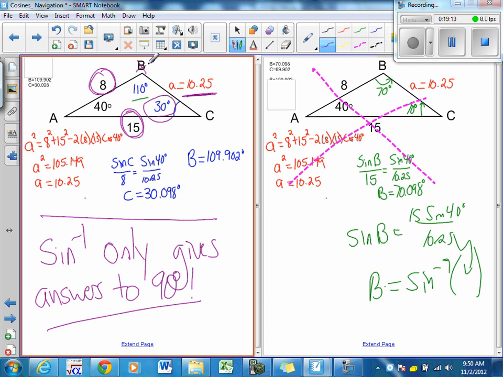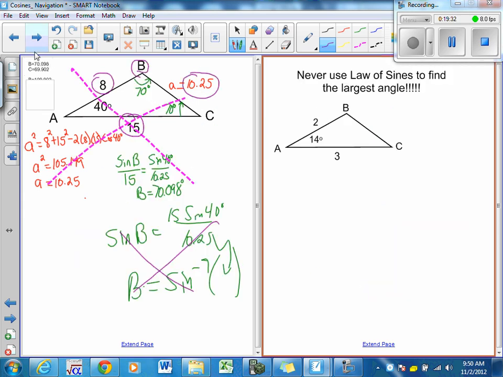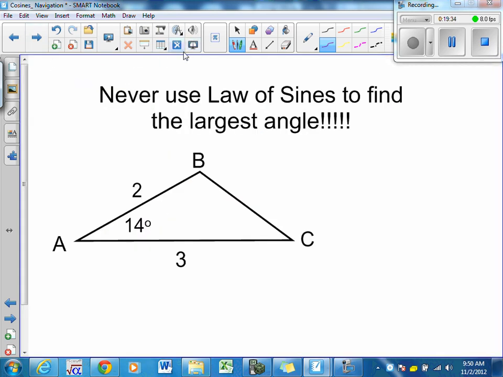I could not find angle B. I had to find angle C first. Over here, I have the same sides. 10, 8, 15. But I tried to find angle B, and it gave me the wrong answer. Never find the largest angle by using the law of sines.